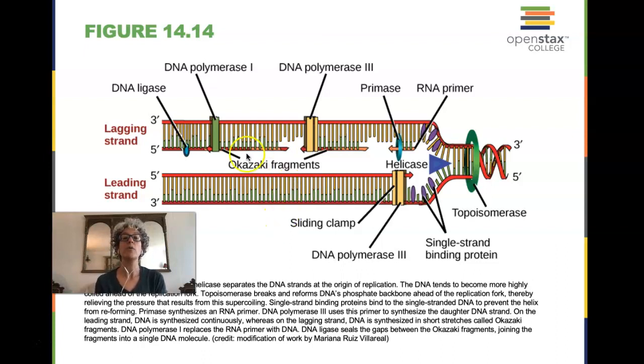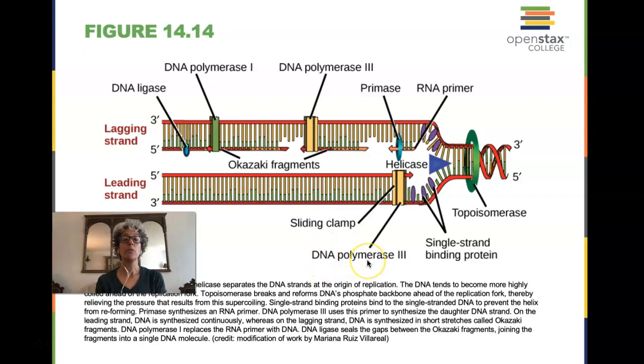Once the DNA polymerase recognizes the template strand, it provides the bases that complement or base pair with the template and build the new strand. DNA polymerase 3 is the enzyme that works on the leading strand.